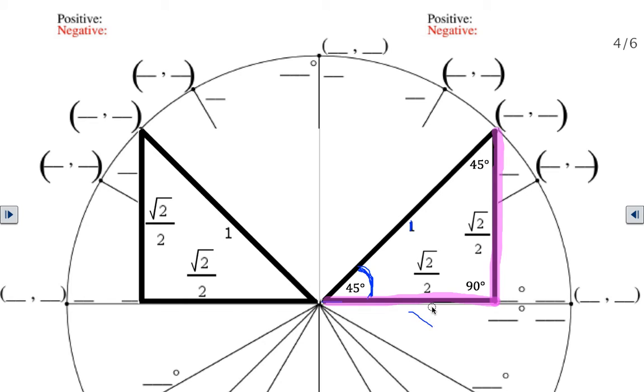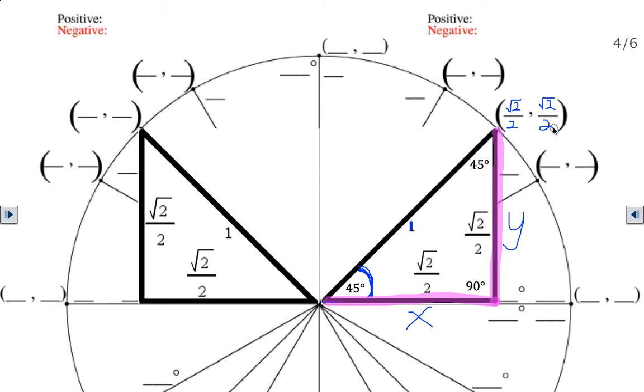This is our x value, and this is our y value. And because this length here is square root of 2 over 2, then my x value is going to be the square root of 2 over 2, and this y value is going to be the square root of 2 over 2.